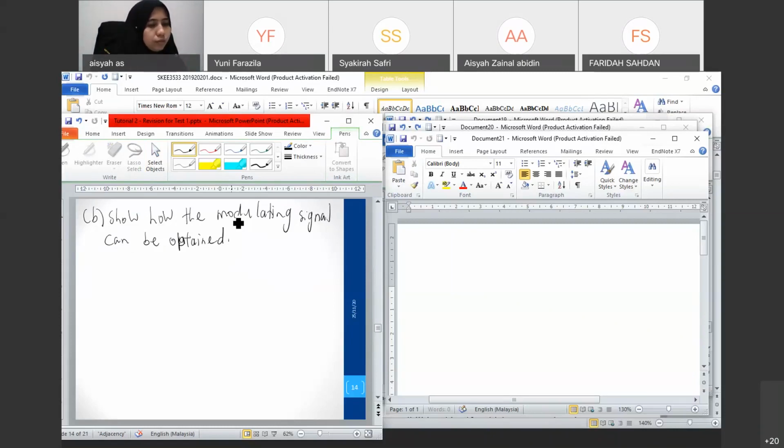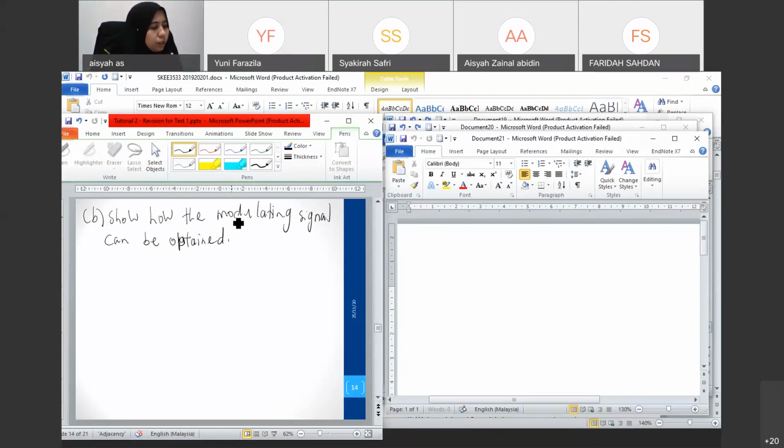Before, in the lecture notes, for the full AM we use the envelope detector, and for the DSBSC and so on we use the local oscillator and then the filter.